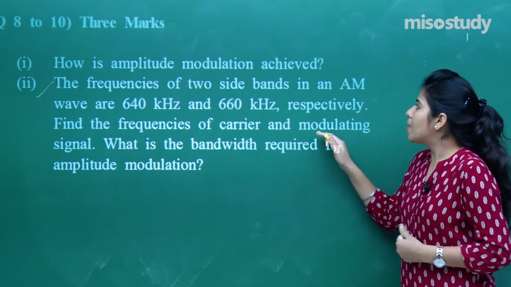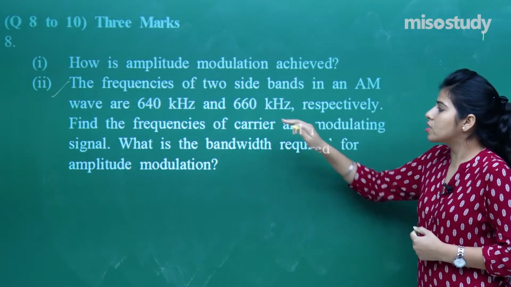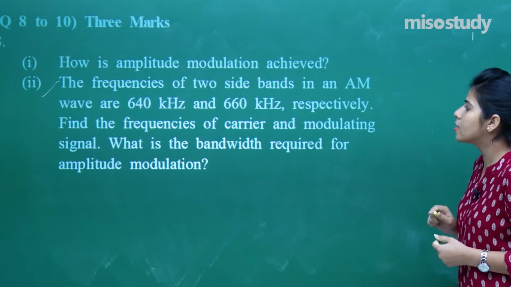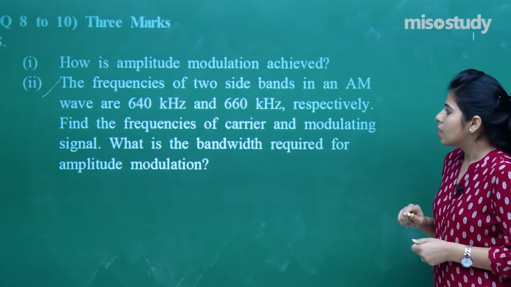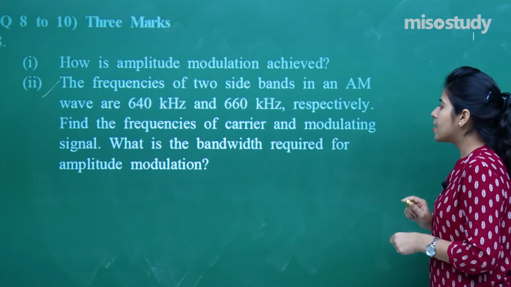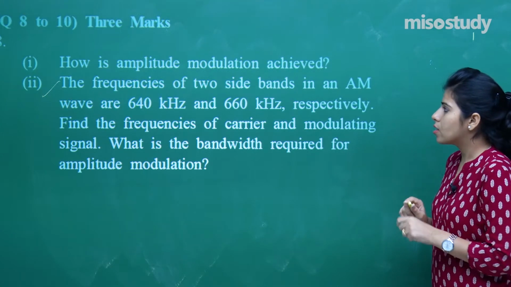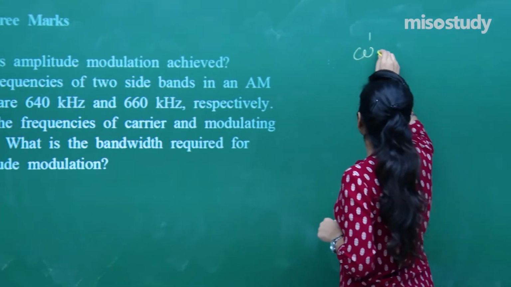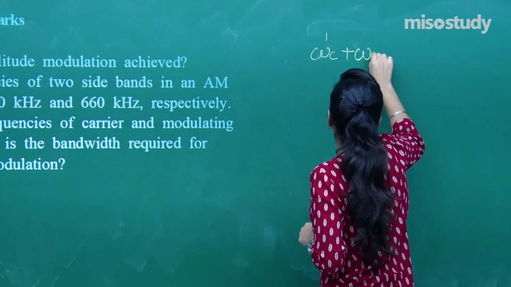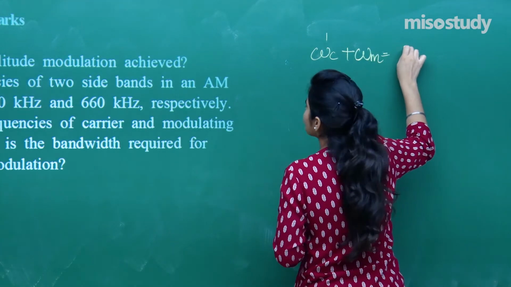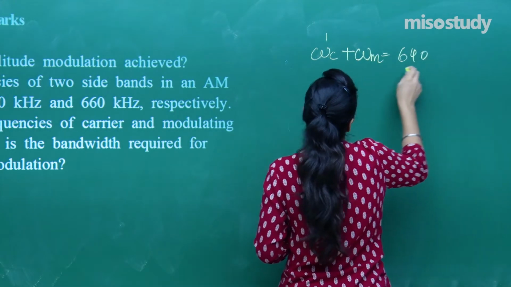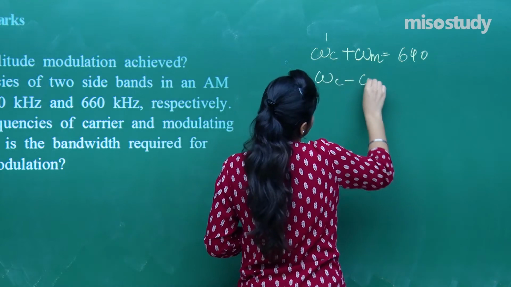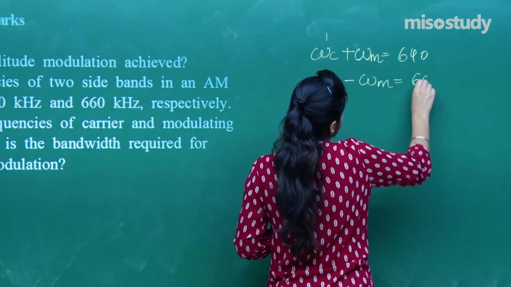Frequencies of 2 sidebands in an AM wave are 640 kilohertz and 660 kilohertz respectively. Find the frequencies of the carrier and modulating signal. Okay. This I can write as 640, 660.